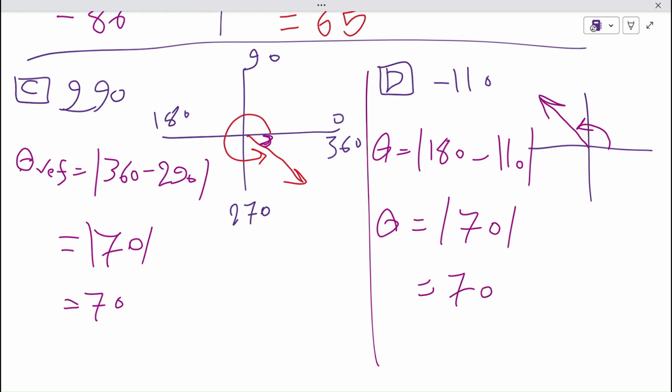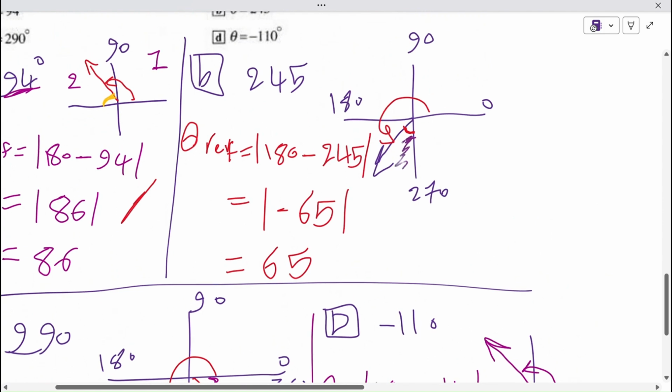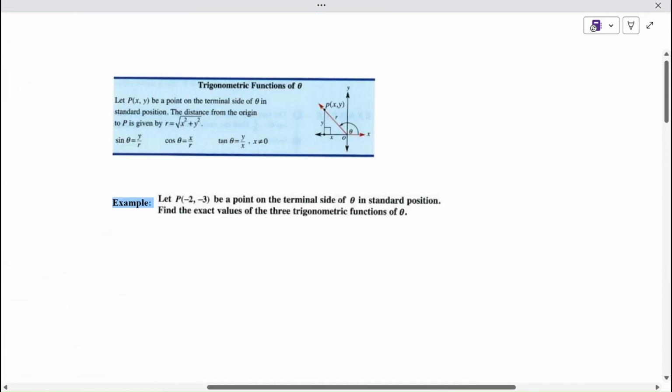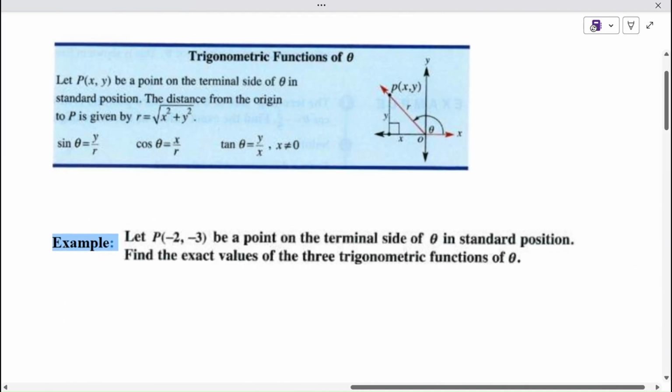Now let's move to another one that we have here. This is called trigonometric function of theta. Let P of x and y be a point on the terminal side of an angle theta in standard position.